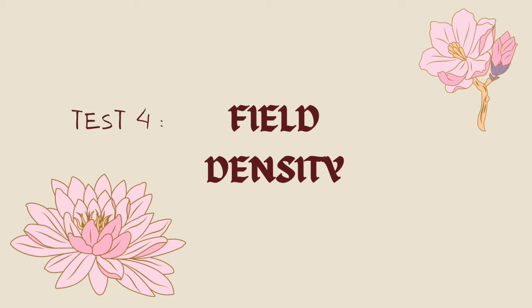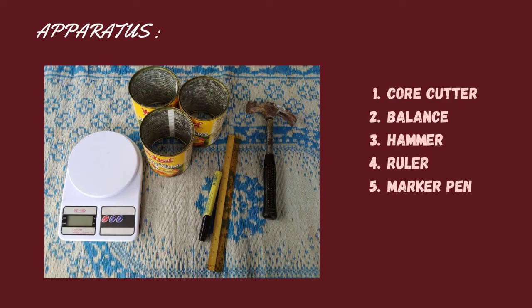Test 4 is field density. The apparatus that I use in this experiment is core cutter, balance, hammer, ruler and marker pen. First, we need to label the core cutter with the marker pen and then record the mass and measure the diameter and height of the core cutter.